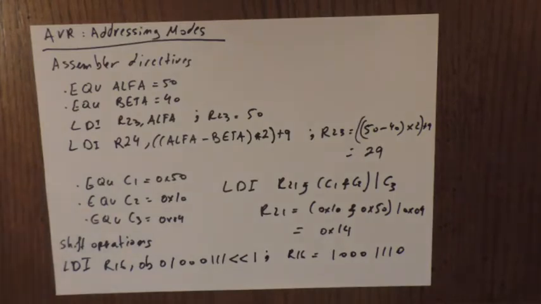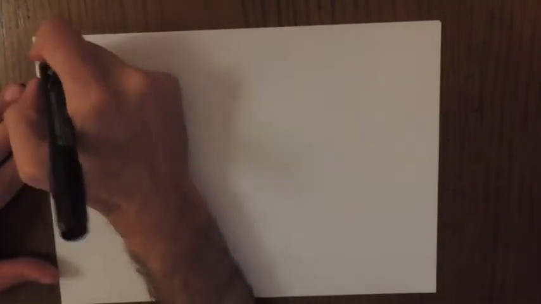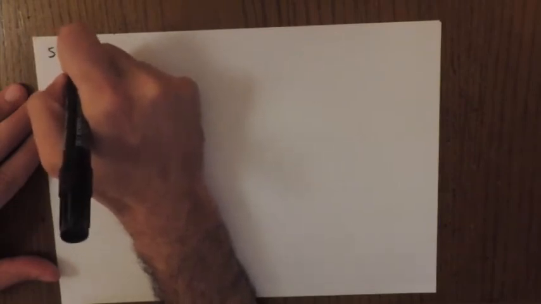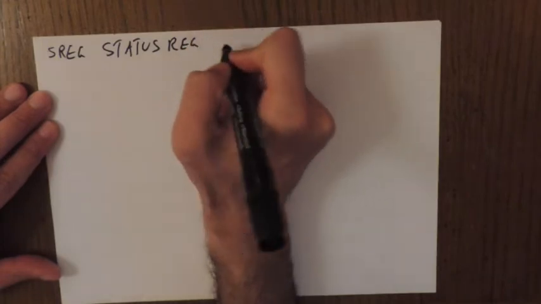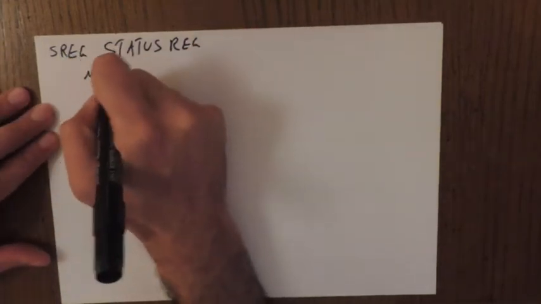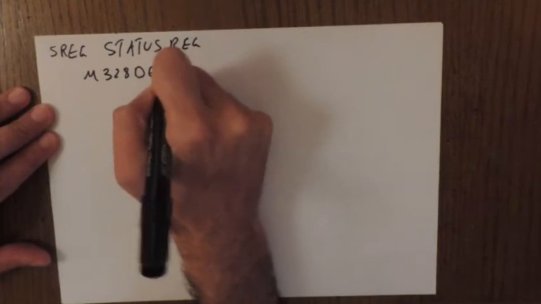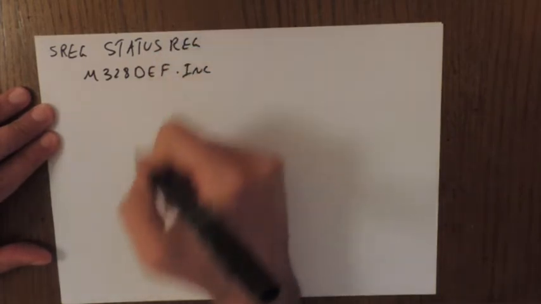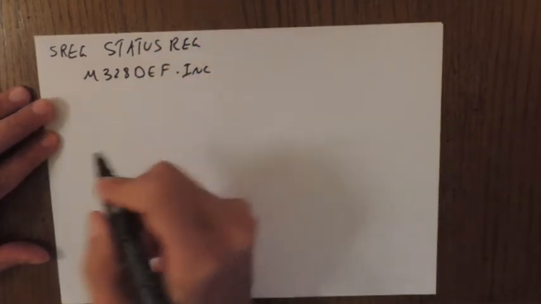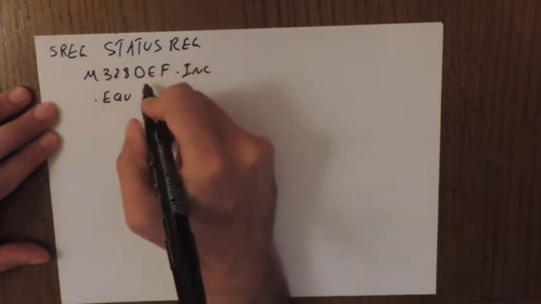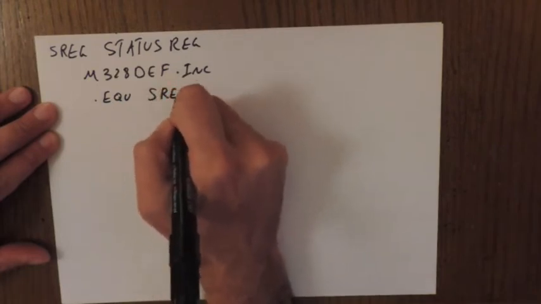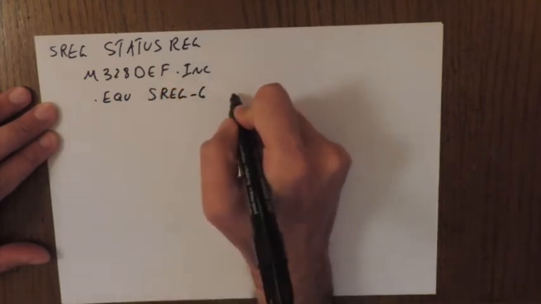Also, if we discuss the status register, we have the library m328def.inc, which includes some of the definitions, and these definitions are as follows: SREG_C, which is equal to 0.